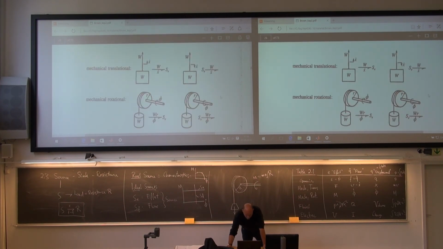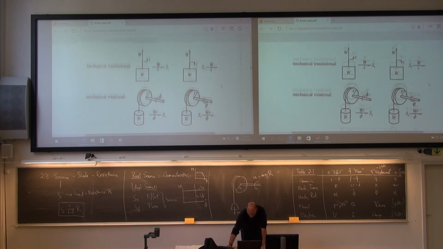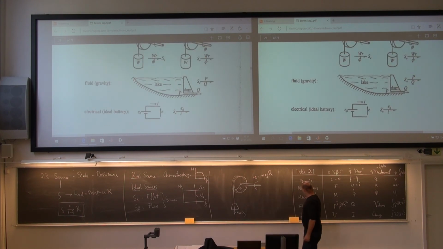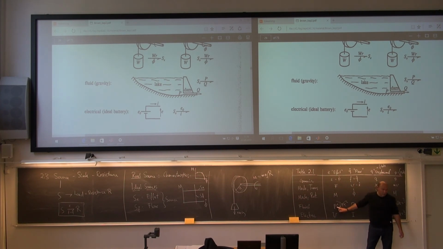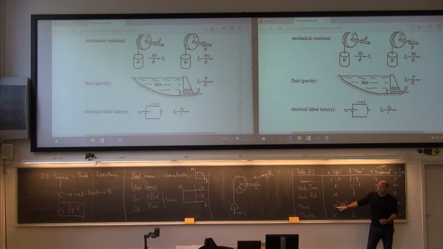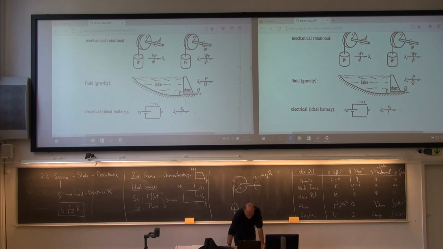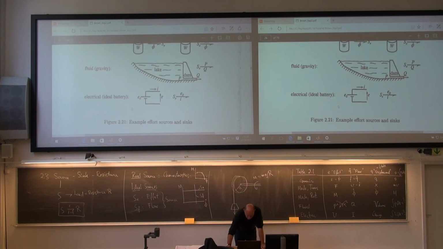So you have here some examples. Gravity for perfect or ideal sources. For a fluid source, it provides you with a pressure. Could be a big reservoir. Then the pressure is rho g h, the depth. And an ideal effort source in an electric system, a battery. The sinks, as I said, just forget them.